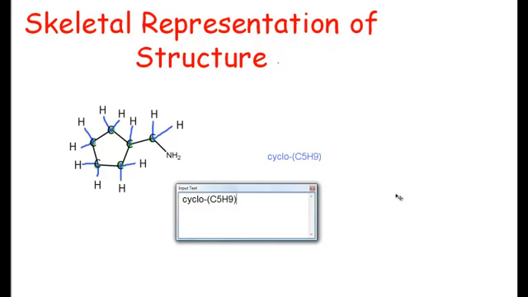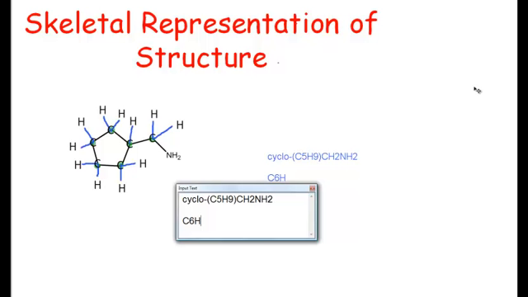And then I'm going to close that parentheses, and this is going to be followed by CH2NH2. So there is our condensed representation, and if I wanted to figure out what my molecular formula would be, I just add up each of the atoms. I have C6, 6 carbons.